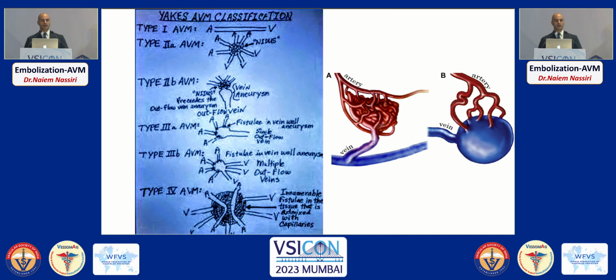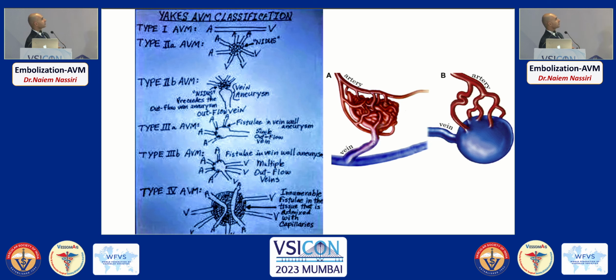Wayne Yakes has a very nice and clinically applicable classification system for AVMs. Remember that this is a different classification scheme than what I talked about earlier, in other words, the ISSVA classification. This is a classification scheme that tells you what type of arteriovenous malformation you're dealing with so as to dictate your best approach.